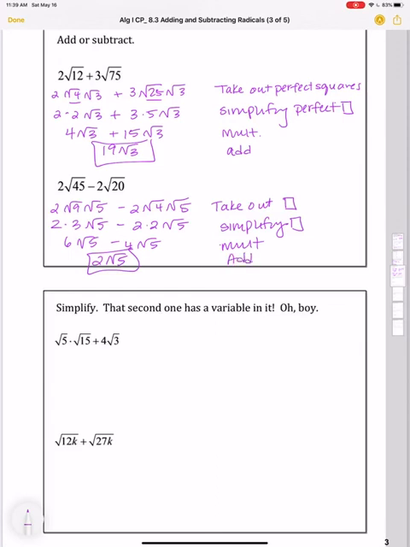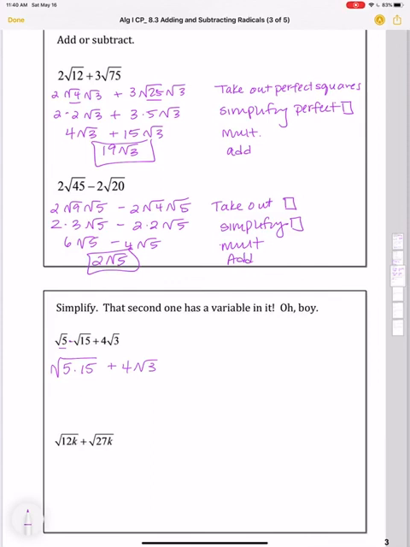Okay, so simplify. That second one has a variable in it. Oh boy. I don't see a variable. The second problem down here. Okay, so this one, 5 times the square root of 15. Well, we've seen that you can multiply. So you can make it 5 times 15 plus 4 root 3. So 5 times 15 is 75.